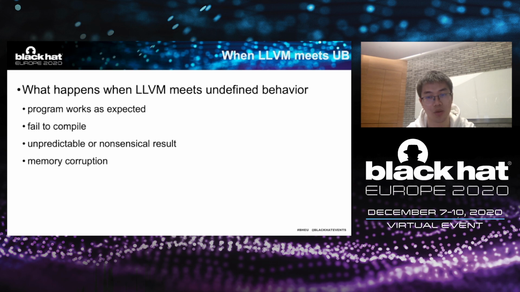What's the consequence of executing undefined behavior? Actually, anything is possible. Maybe nothing wrong happens and the program works as expected. Or it may fail to compile, or output an unpredictable or nonsensical result, or even crash.